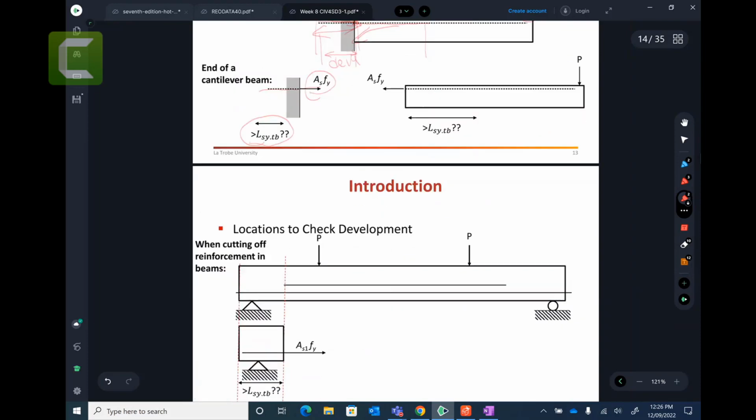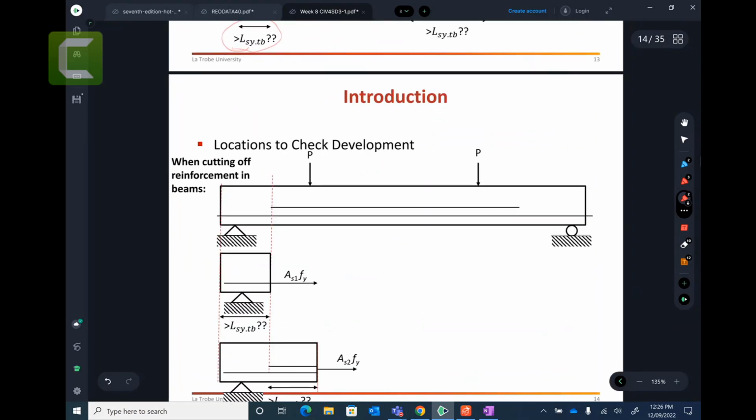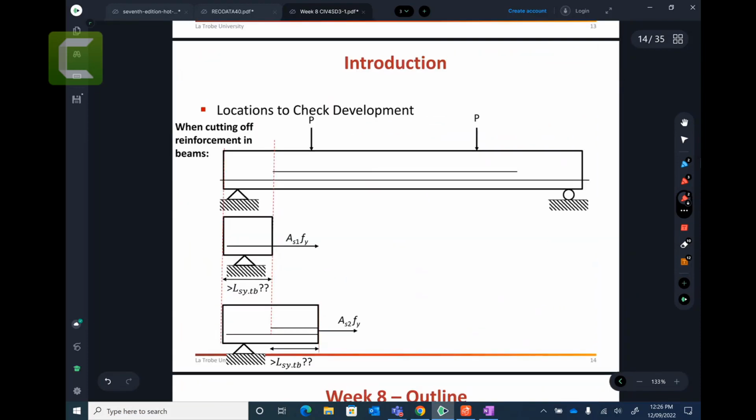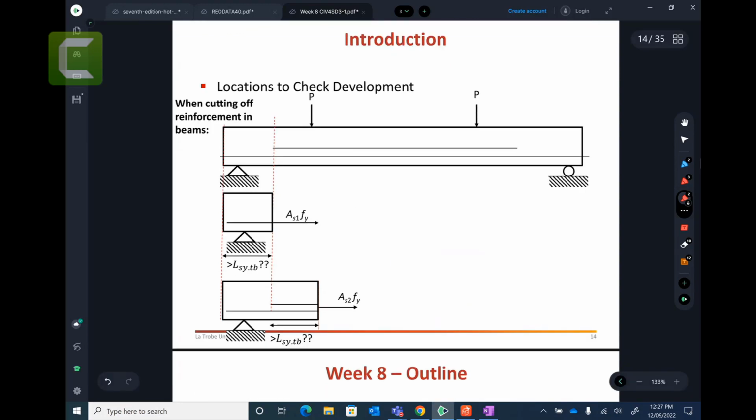All right. If you have, let's say, a simply supported beam, as opposed to a cantilever, and let's say you terminate your bar here. Then in that case, let's say you draw the line. You need to provide enough development length going inside, and you need to provide enough development length going on this side as well.